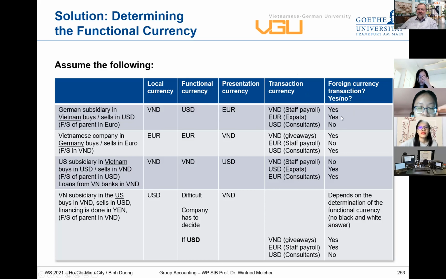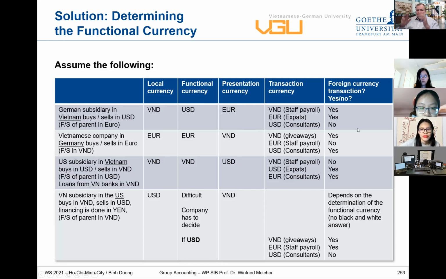So VND and euro are clearly different from the US dollar. So these are foreign currency transactions. And the payment to the US consultants in US dollars, well, that is not a foreign currency transaction, because the transaction currency is the same as the functional currency.